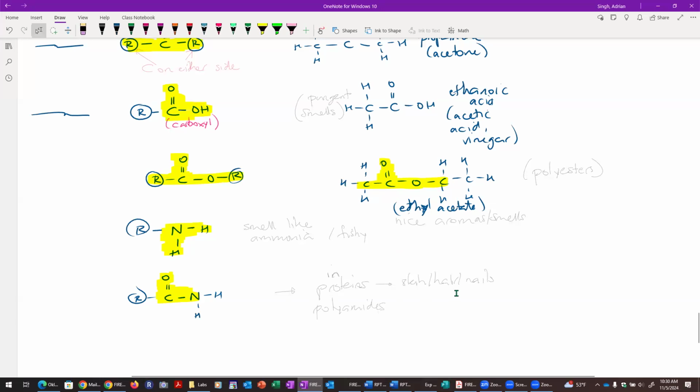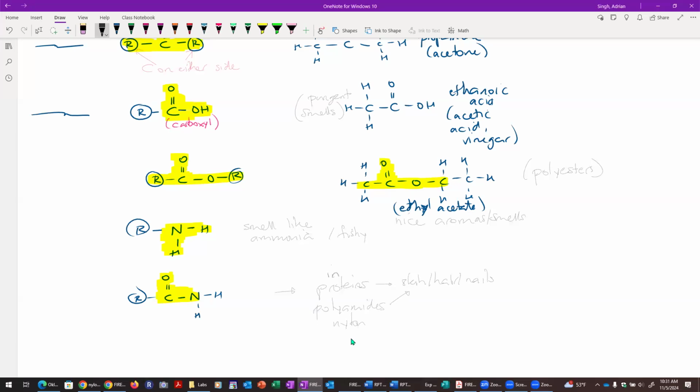That are also very common. Obviously, you find them in biological systems, skin, hair, nails, for example. Natural places, but you also find them in synthetically made substances. Nylon, for example, is an example of a polyamide that's synthetic.